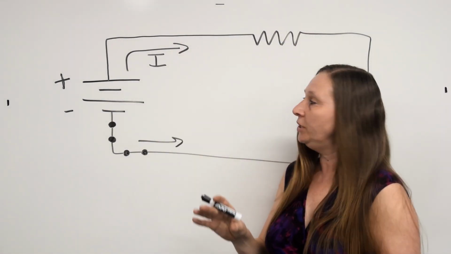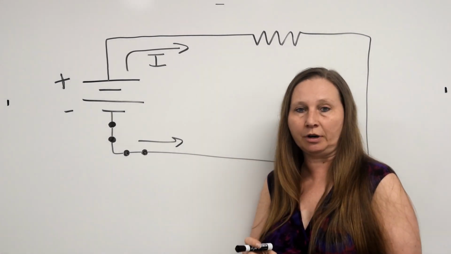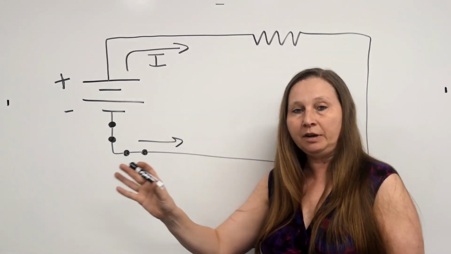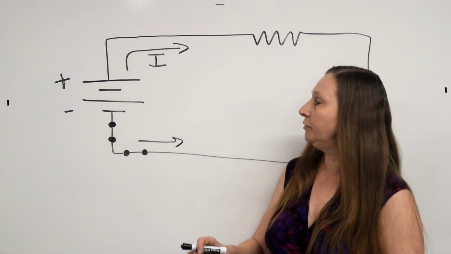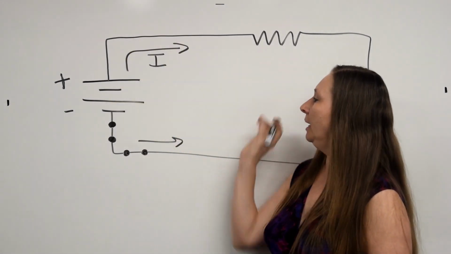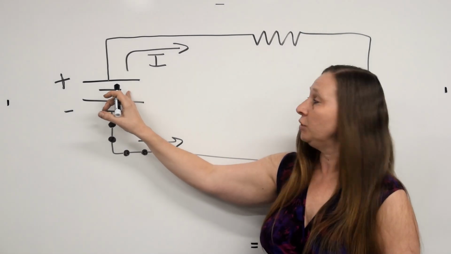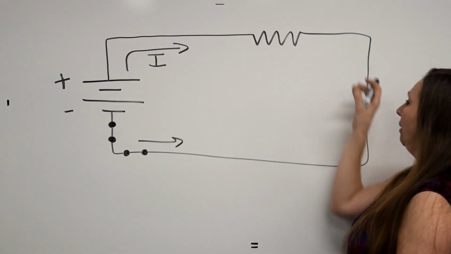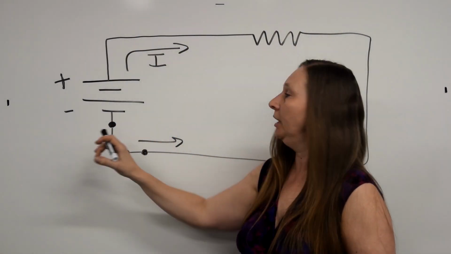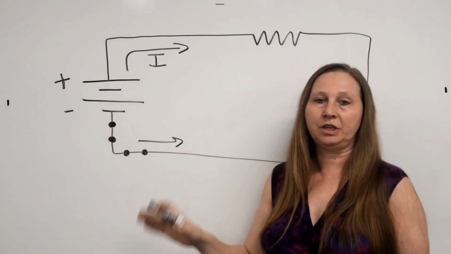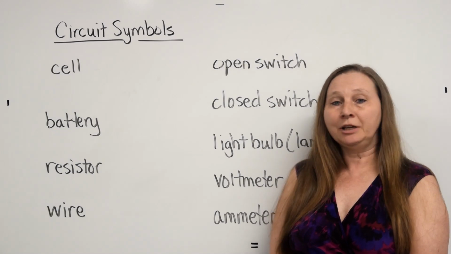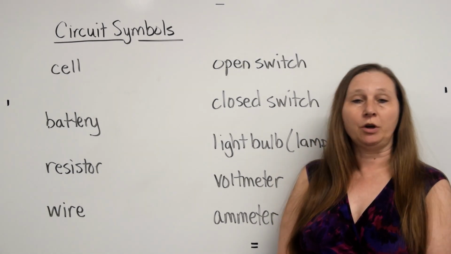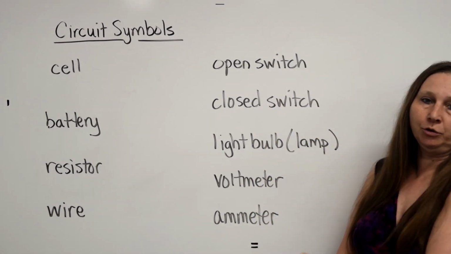And as you're going to see, as we talk about series circuits, and then in later videos as we talk about parallel circuits, the circuit is going to have to be closed, starting, going around, powering whatever it's going to power, and then coming right back to the same place, in this case, back to the battery. Let's review some of the circuit symbols that we already learned and introduce some new ones.